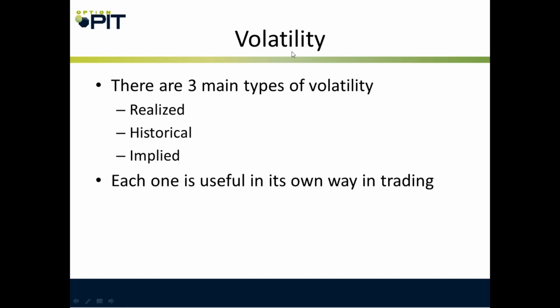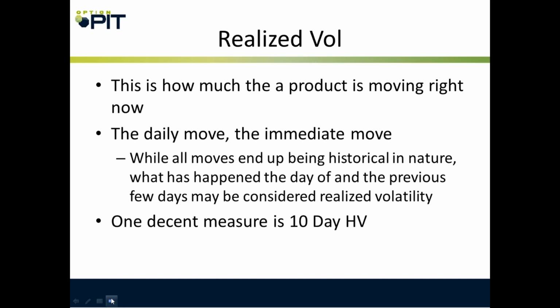So now let's talk about volatility. There are three main types of volatility, and each one is useful. The first is realized vol. Realized volatility is how much something is moving right now.